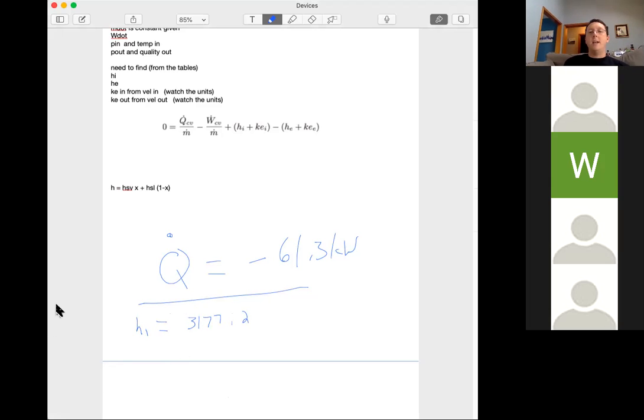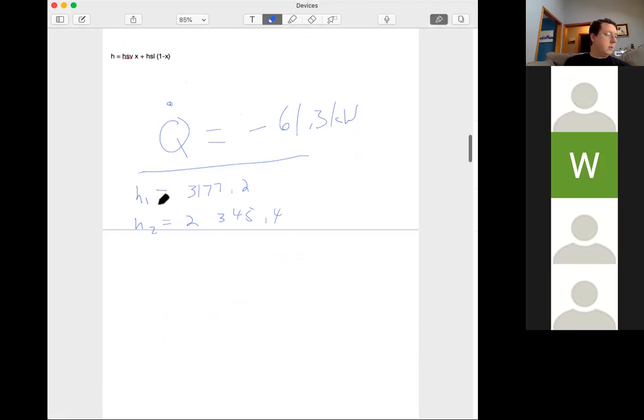What about the kinetic energy then? To do the kinetic energy, you would have velocity 2 squared over 2 minus velocity 1 squared over 2 to get the difference.